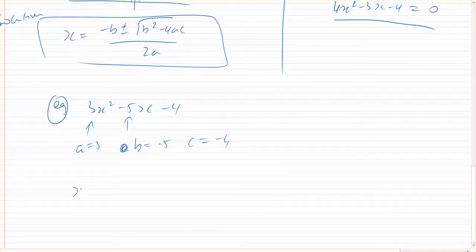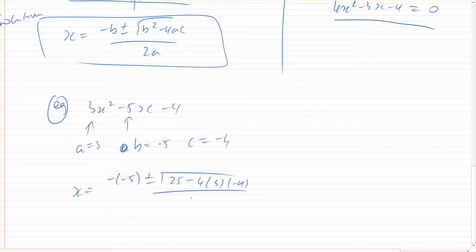So x equals minus b, minus -5, plus or minus, following the formula, the square root of b squared, which is 25, minus 4 times a, my a is 3, times c, which is -4, all over 2 times 3.